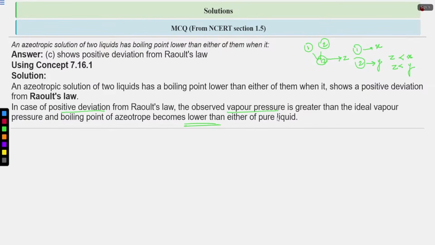That means the vapor pressure observed will be greater than the ideal vapor pressure from the Raoult's law, and this will decrease the boiling point of the solution compared to when they are pure. So the correct answer is option C, that it will show a positive deviation from the Raoult's law when the azeotrope solution of two liquids has boiling point lower than either of them. So option C is the correct answer.